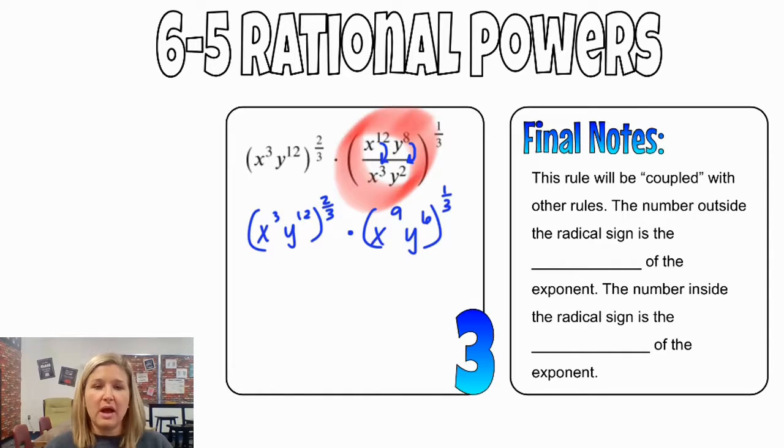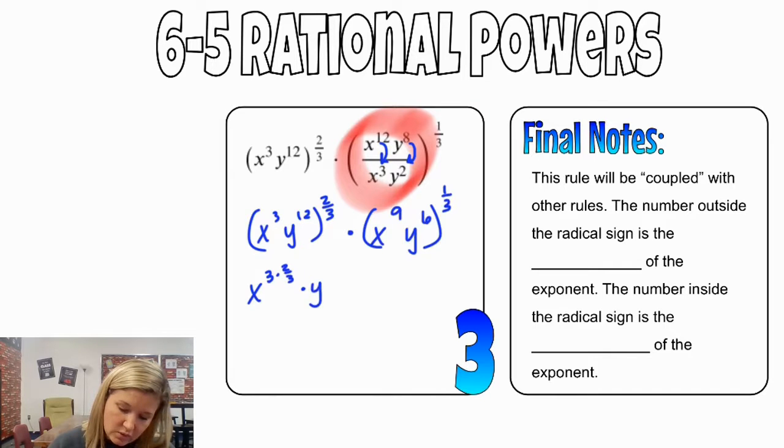So here I'm going to take x to the 3rd to the 2/3 power. That's going to be a multiplication there. So I'm going to have x to the 3rd times 2/3, times y to the 12th times 2/3. And then that's going to be multiplied. So that's this part right here.